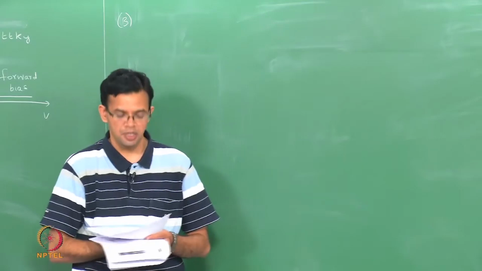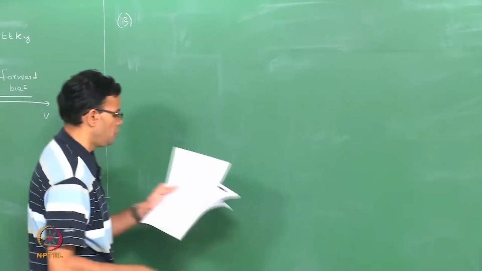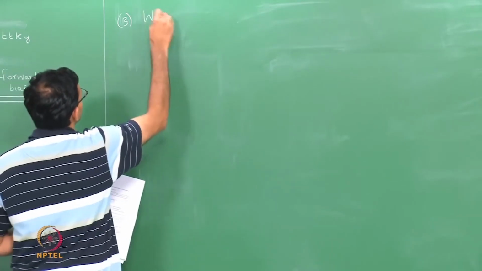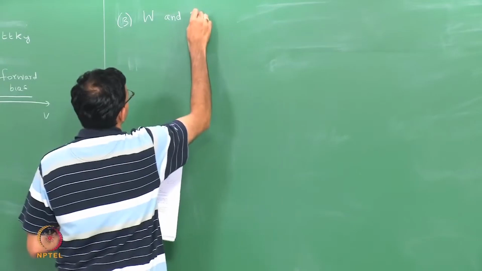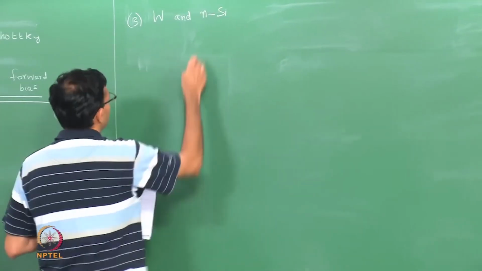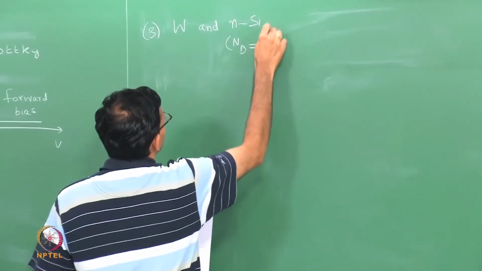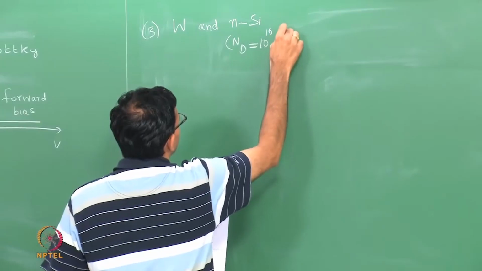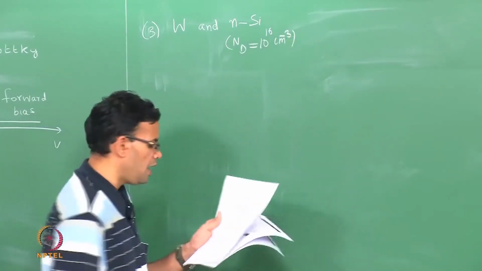Problem 3, you have a Schottky junction diode between tungsten and N type silicon. The silicon is doped with 10 to the 16 donors per centimeter cube. The cross sectional area is given.